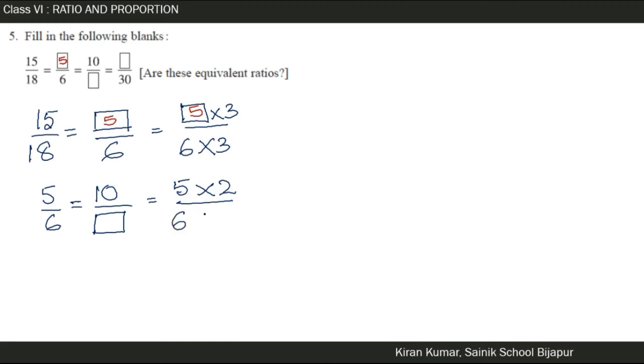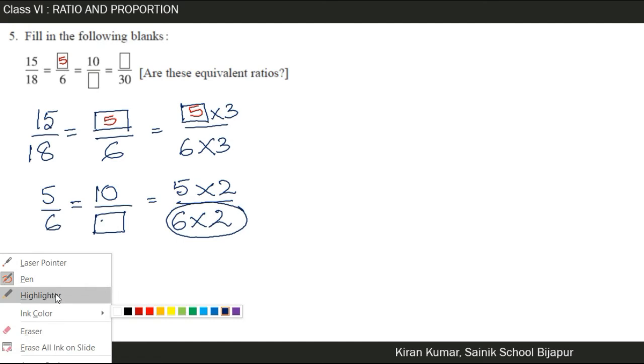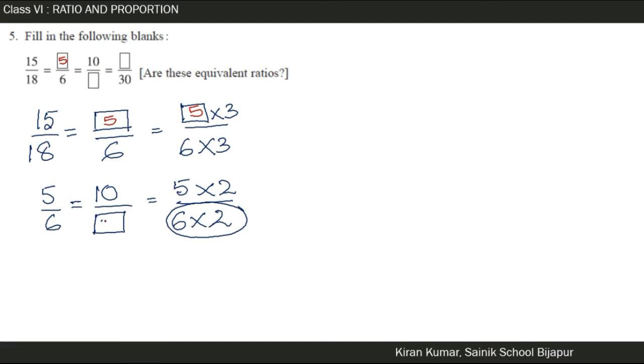So 6 has to be multiplied with 2. So what should be written here? We have to write 12. So the second blank is also found.